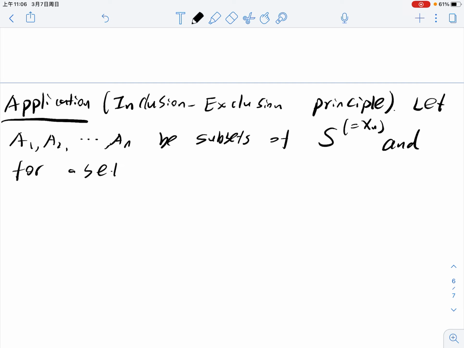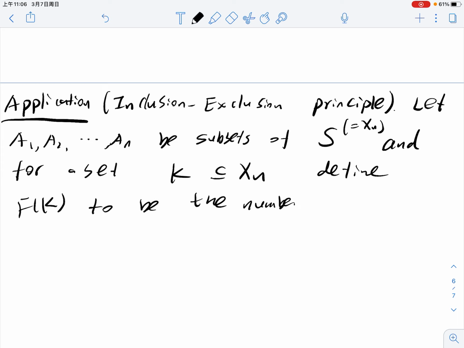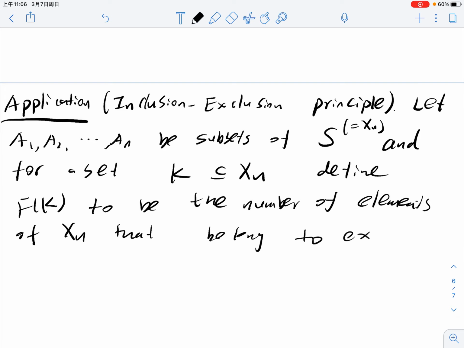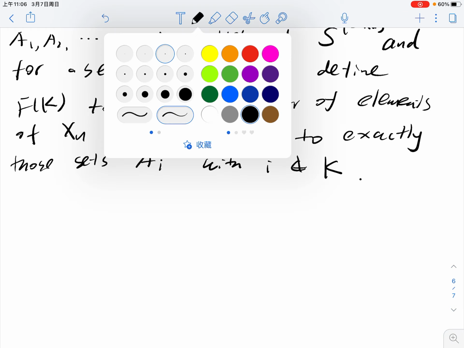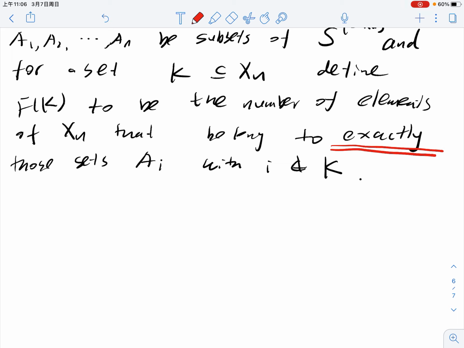and for a set K inside Xn or S, define F(K) to be the number of elements of Xn that belong to exactly those sets A_i with i not in K. So here the important thing is we have this exactly.